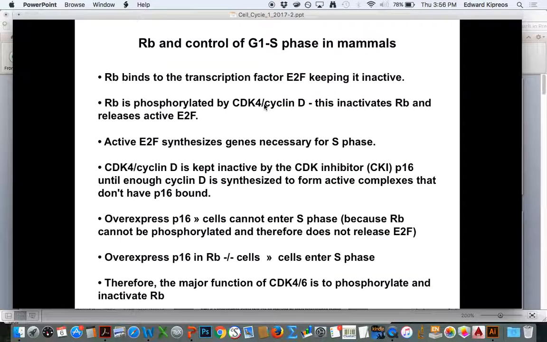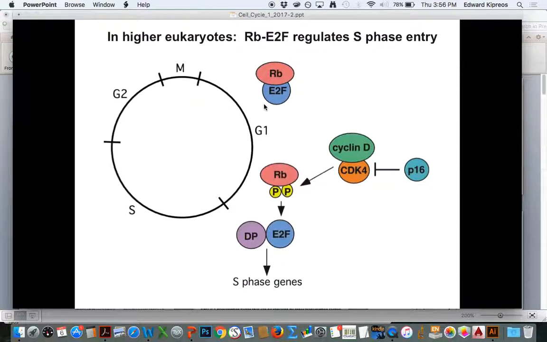And there's a genetic argument that you can make to say that this is the only essential substrate here also. So it only has one major substrate. P16 is one of these CDK inhibitors. If you overexpress this, it's going to block the CDK cyclin activity, and then it can't phosphorylate RB.